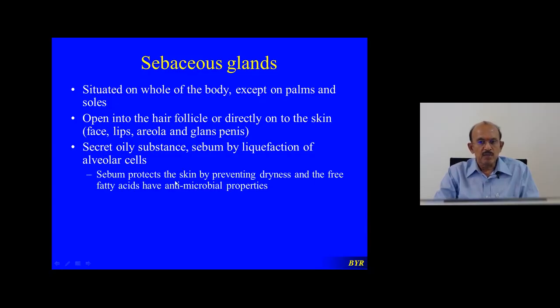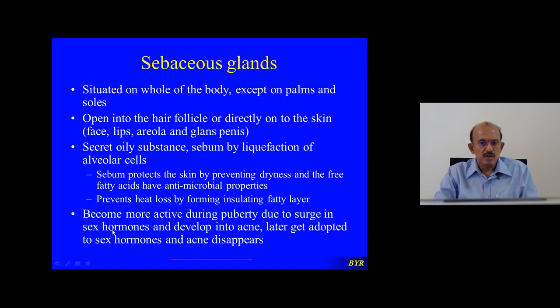Sebum protects the skin by preventing dryness, and the free fatty acids have antimicrobial properties. It prevents heat loss by forming an insulating fatty layer. They become more active during puberty due to a surge in the sex hormones and develop into acne, later get adapted to sex hormones and acne disappears.